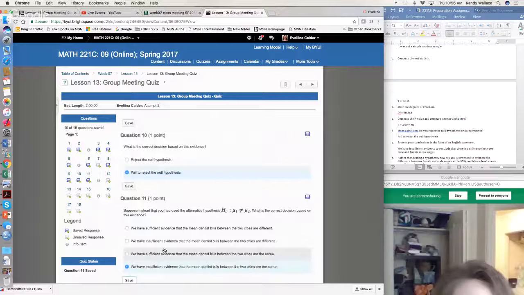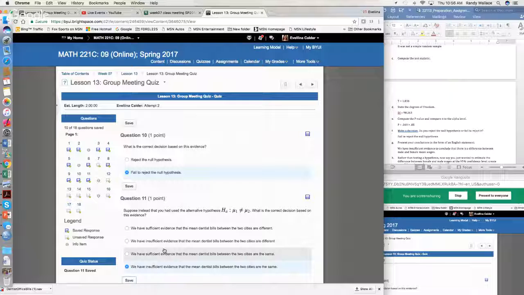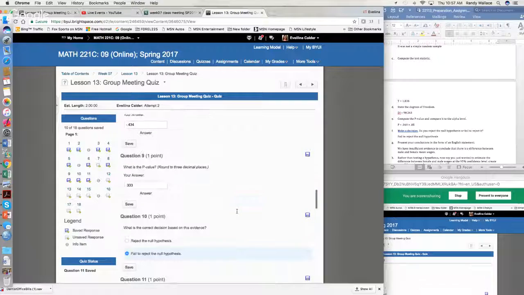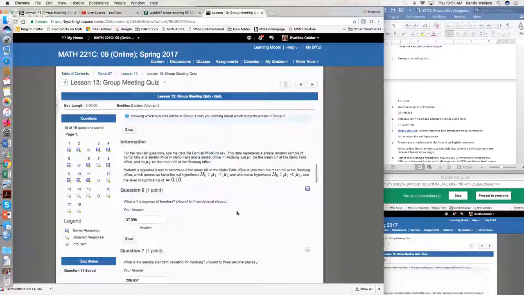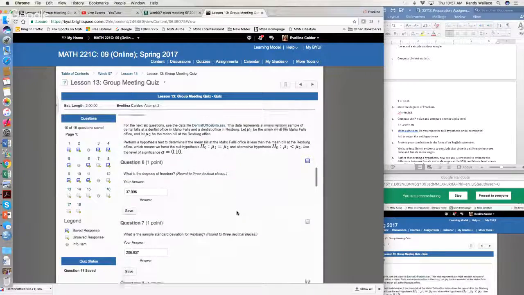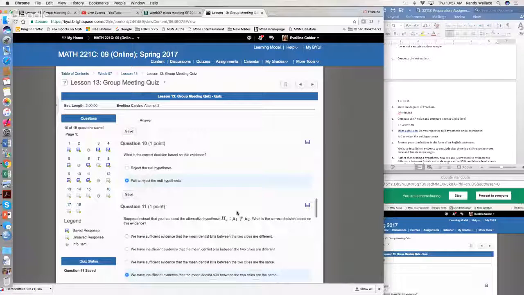No, but what we're trying to figure out in that one is if they're different with this hypothesis. With the one before, we were trying to figure out if one is less than the other. And this one we're trying to figure out if they're different.